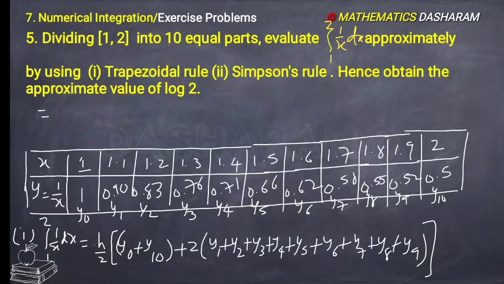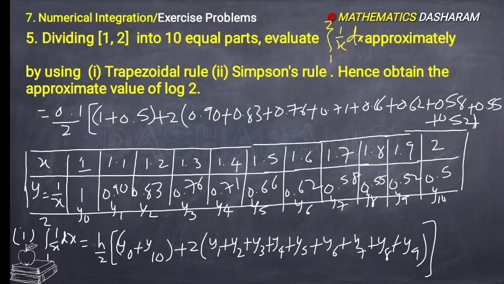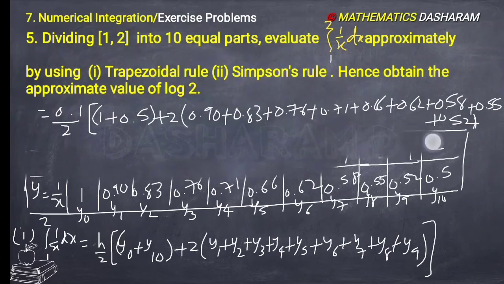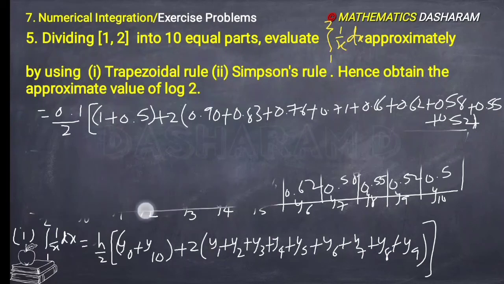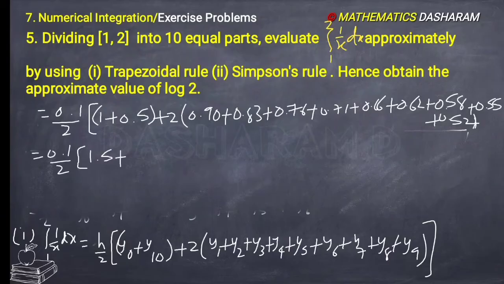It equals h, which is 0.1, by 2 times the bracket of y0, 1, plus y10, 0.5, plus 2 times the bracket of y1, 0.90, and so on. Now the simplification: 1.5, and 2 times the total addition, which is 6.13.